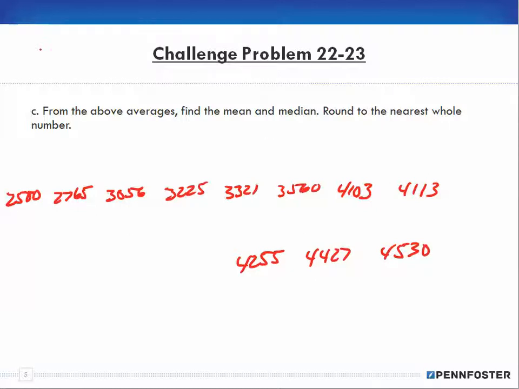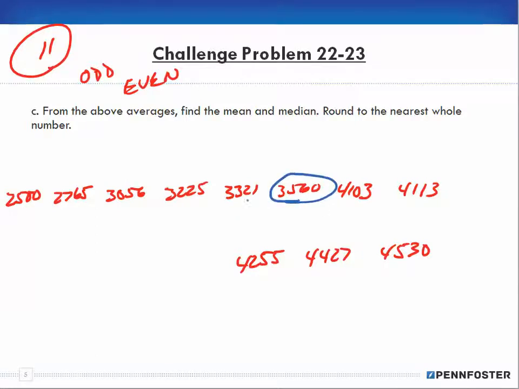Since there's 11 data points, we have to pay attention to whether that's an odd or an even number of data points. In this case, it's an odd number, 11. So I have to find the one that's exactly in the middle, and in this case, it's 3560. Why?